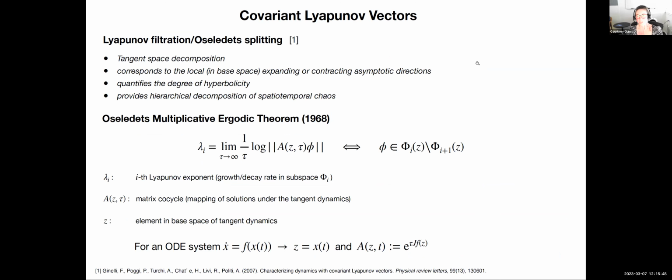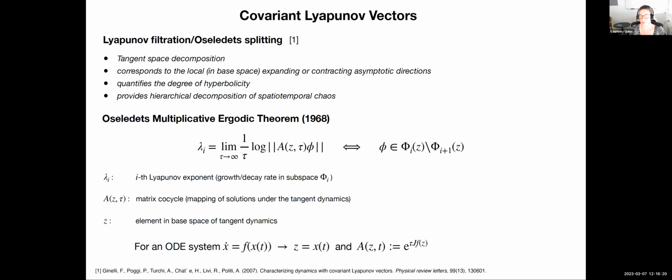So an idea that we had was utilizing these things called covariant Lyapunov vectors. These are related all the way back to Oseledets splitting, back in the 1960s. I've put the reference down there somewhere. Basically, covariant Lyapunov vectors are related to a tangent space decomposition of your dynamics. Locally in your base space, which can also be in time, they give you the expanding or contracting directions.